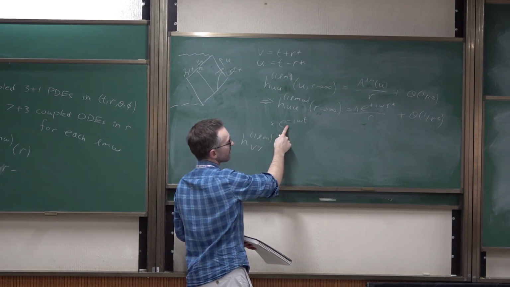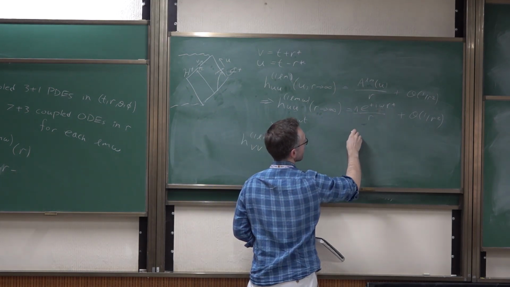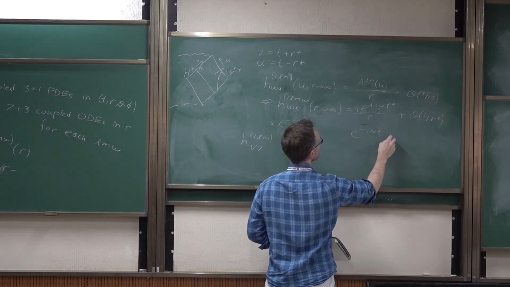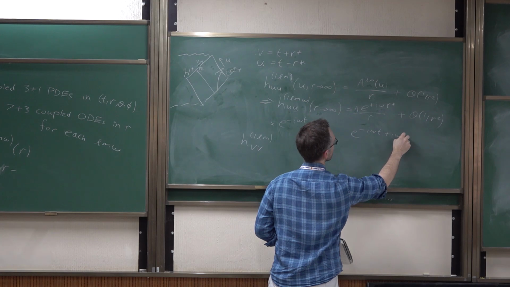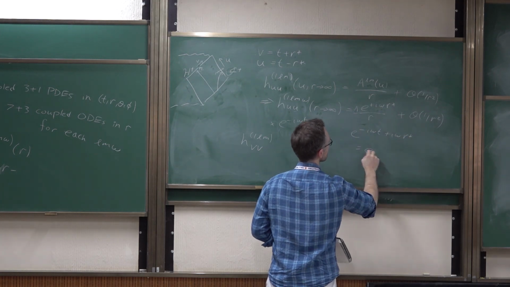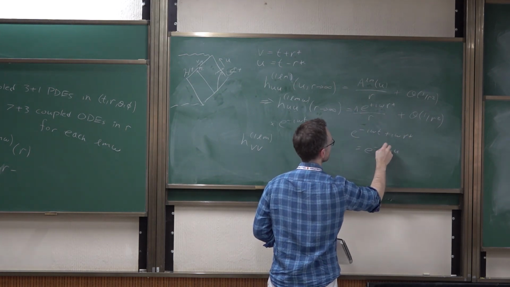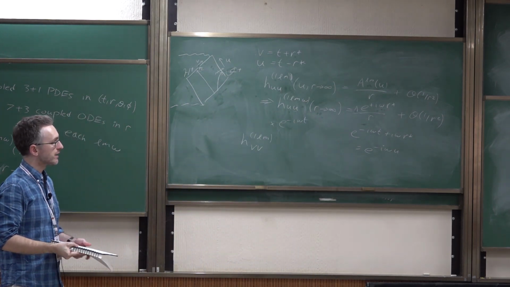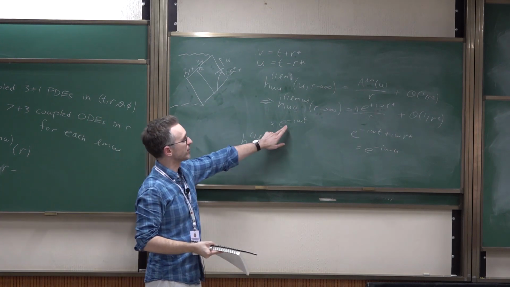So if I multiply by this, then I get e to the minus I omega t plus I omega r star, which is just e to the minus I omega u. So I just want something that combines into u once I've multiplied by this.